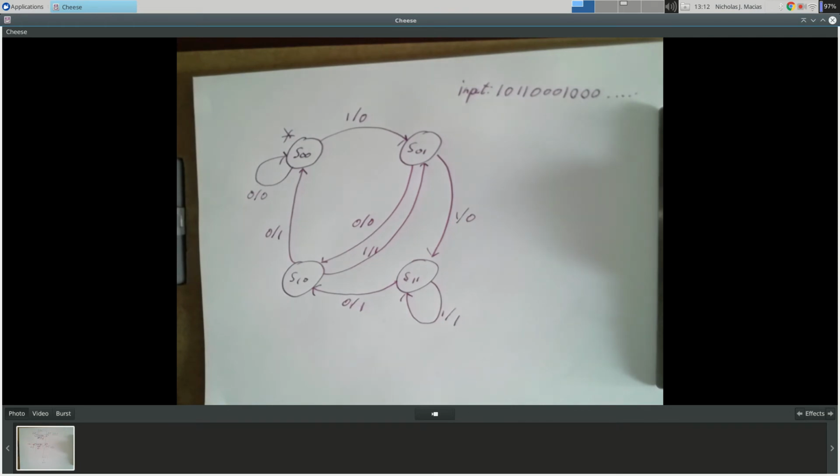State 0, 0, 1, 0, 0, 0, 0, and it stays as 1, 1 if it's always 1. 0, 1, input 0, 0. It's like the same machine. Not exactly, no. It helps to keep track of what state you're in.